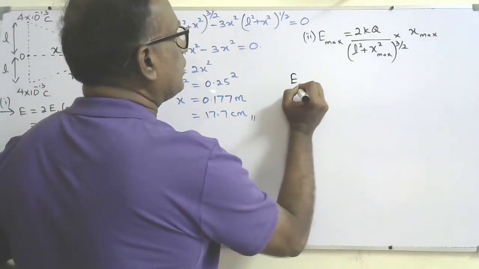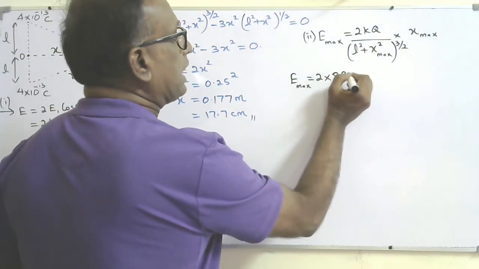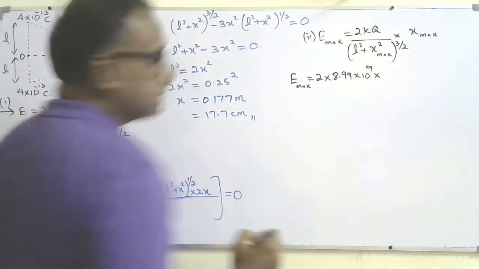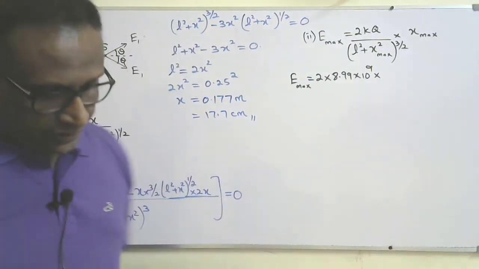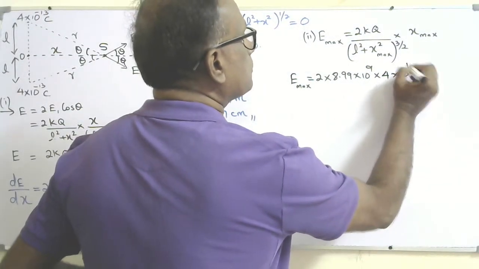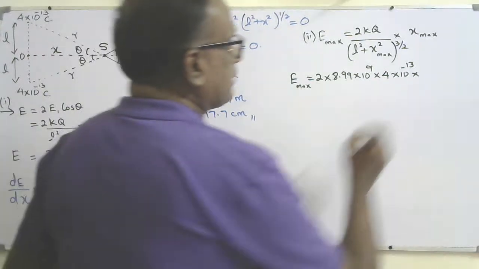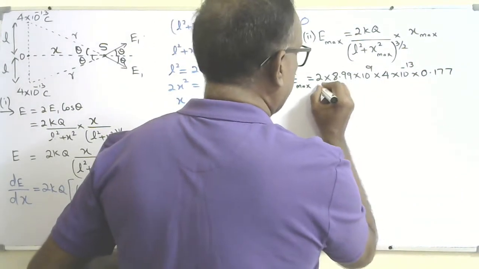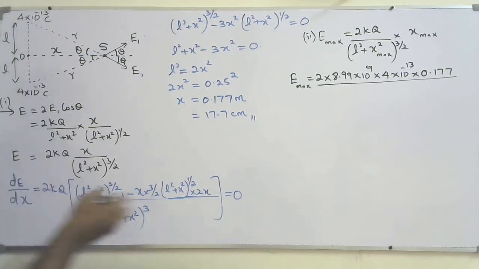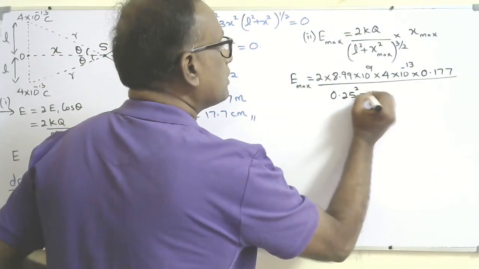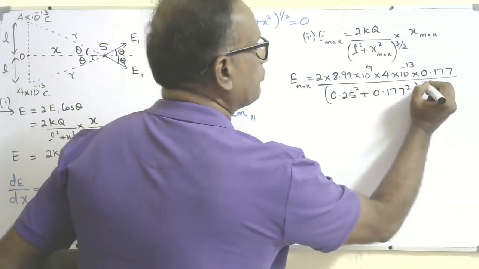So we'll find E max. Substitute the values: 2 times k, the Coulomb's constant, 8.99 times 10 to the power 9, times the charge Q, which is given as 4 times 10 to the power minus 13 coulomb, times x max, which we found to be 0.177, divided by L squared, where L is 0.25, so half of it, 0.25 squared, plus x max, again 0.177 squared, to the power of 3 by 2.